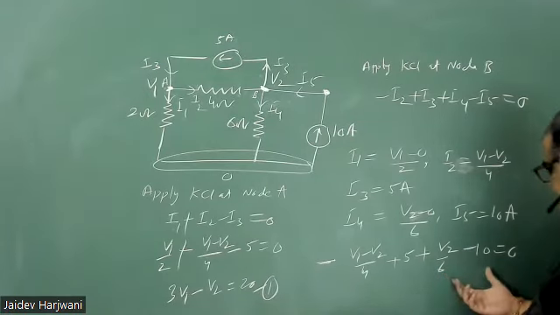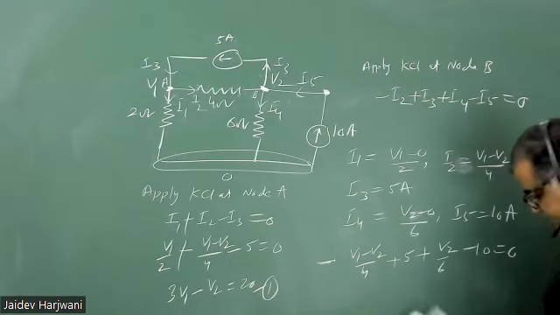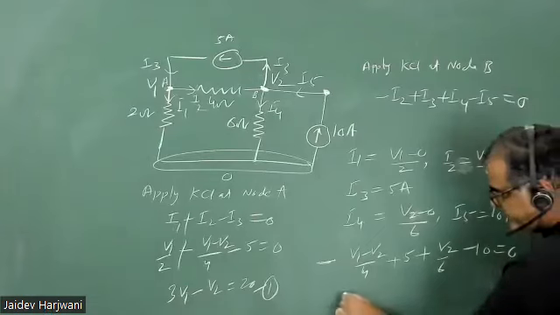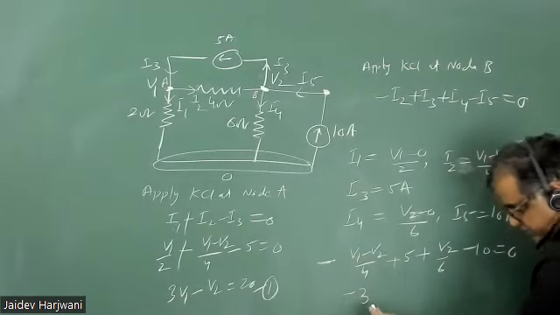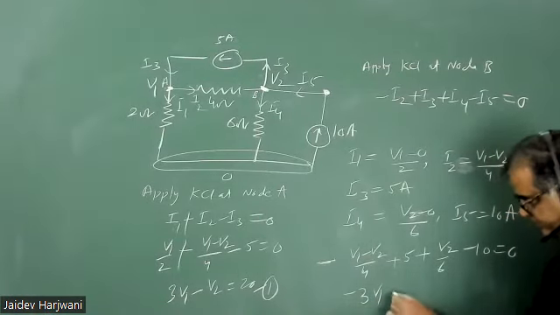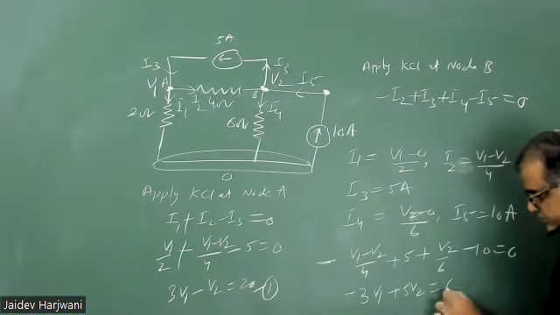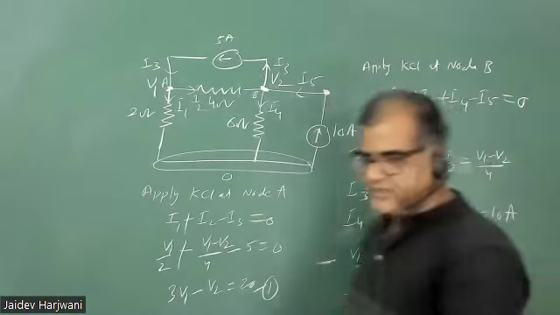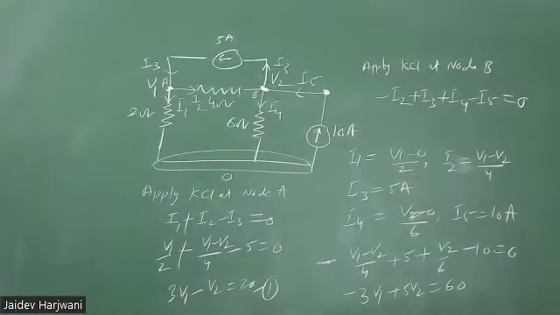This will be plus 5, so minus 60. Okay, so I'm writing the equation, you tell me whether it is correct or not. So minus 3v1 plus 5v2 equals 60. I should get this, check it. Yes, sir. Very good. Now you just need to solve these equations and tell me the answer.